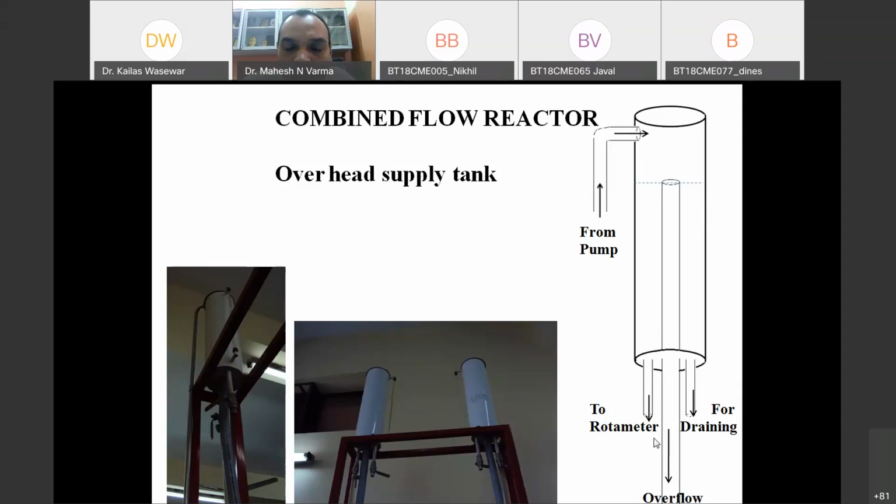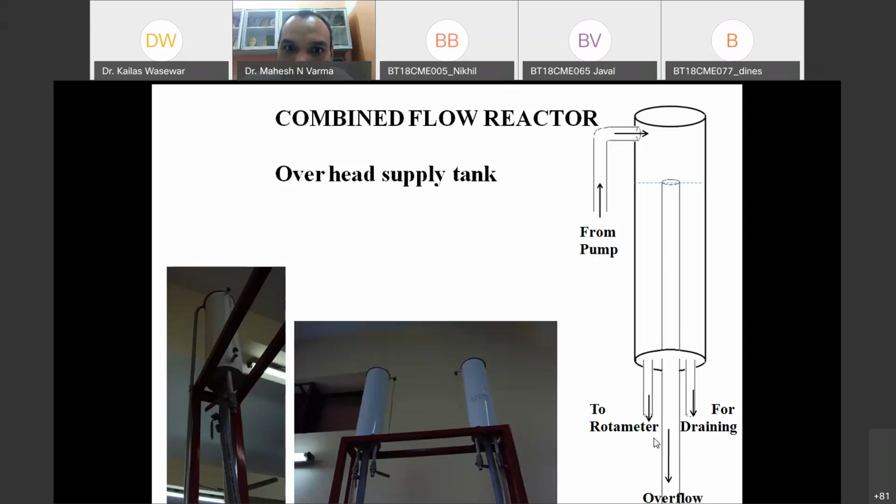Once you fix the rotameter flow rate to 5 lph, it will not change because the input head is constant. Using the rotameter valve, you can fix the flow rate to 5 lph, 10 lph, whatever you want.